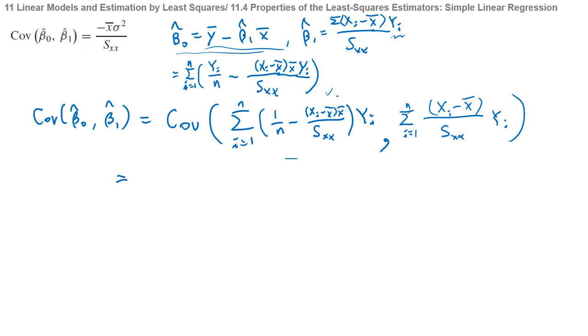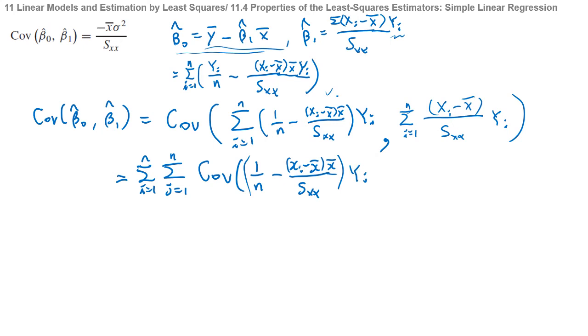What's next? This can be expressed as the sum of i equals 1 to n and j equals 1 to n of the covariance of (1 over n minus 1 over Sxx times (xi minus x bar) times x bar) times yi, comma, this other term times yj, with 1 over Sxx times (xi minus x bar) times yj.